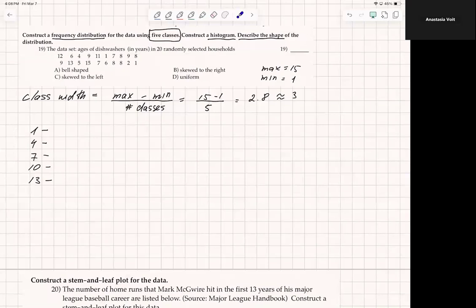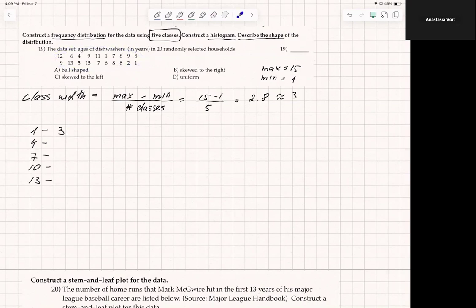Now we need to calculate the upper limits, right? So in this case, since we're working with the whole numbers, then we can safely say that the upper limit for the previous class would be 1 unit less than the lower limit of the next class. So in this case, lower limit for the second class was 4, so the upper limit for the previous class is going to be 3, right? You can also write 3.9, it's not a mistake, or 3.5, but since we're working with the whole numbers, you can simply say that it's just 3, right?